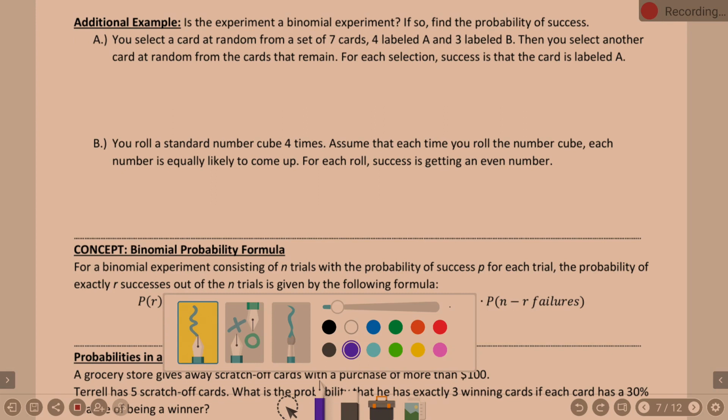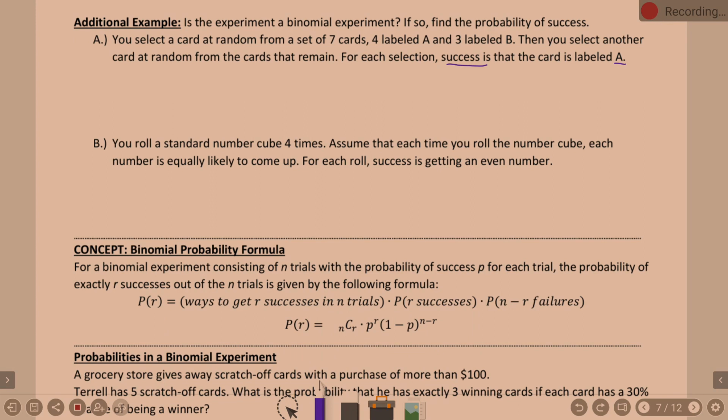You select a card at random from a set of 7 cards, 4 of which are labeled A and 3 are labeled B. Then you select another card at random from the cards that remain. For each selection, success is that card labeled A. Okay, so success is getting an A, basically.